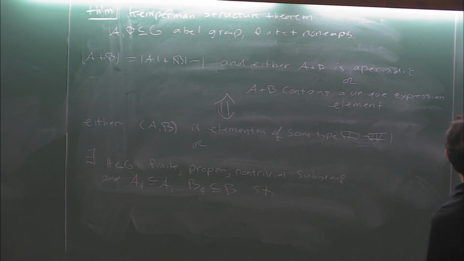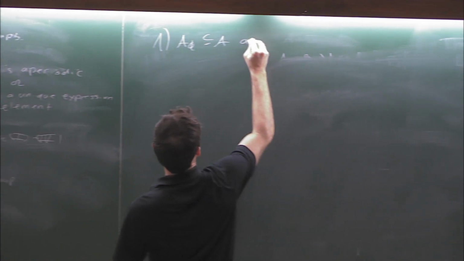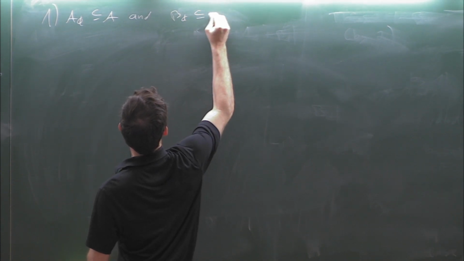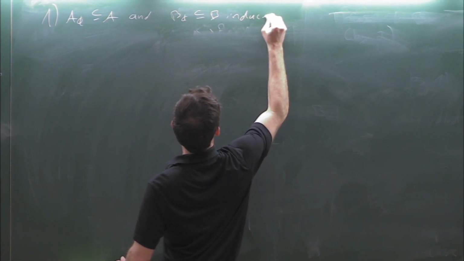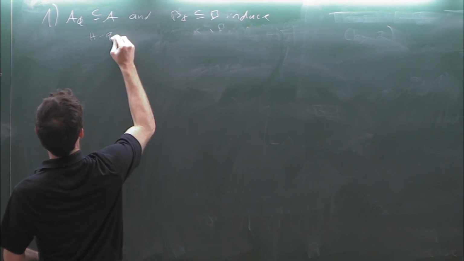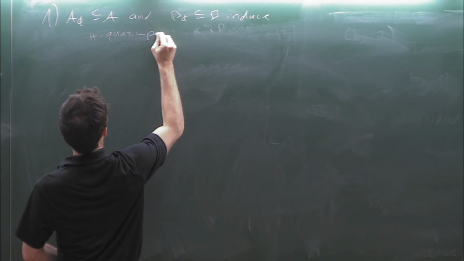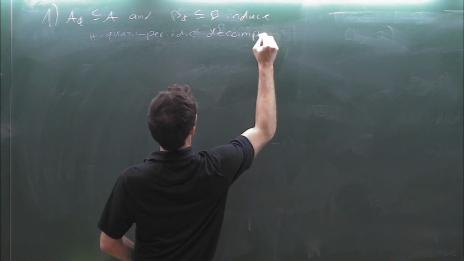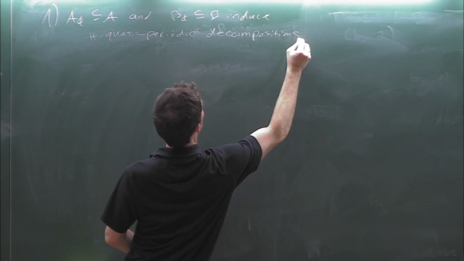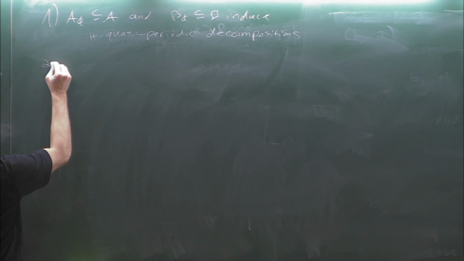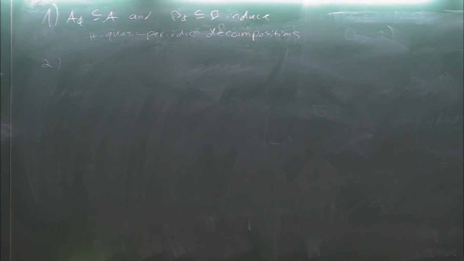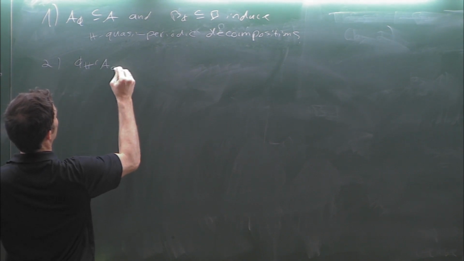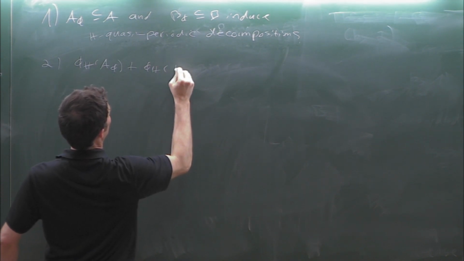So 1, we have H-periodic decompositions. 2, mod H, we get a critical pair. Well, let's maybe first say this is a unique expression element.